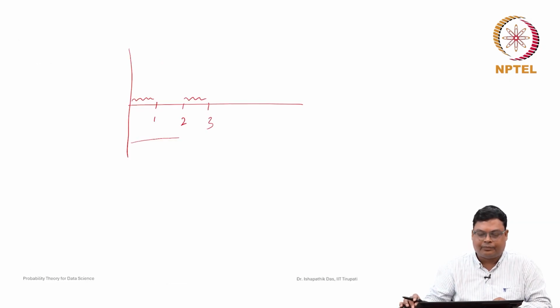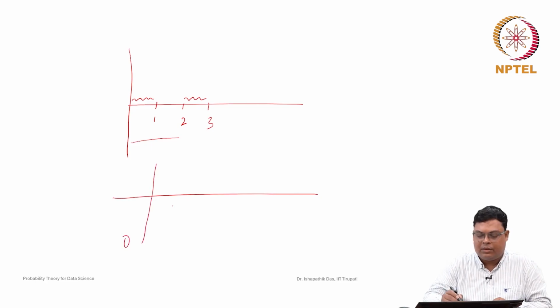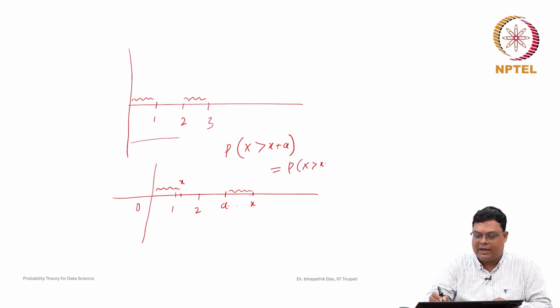So, suppose we take some real number, a. The probability that X is greater than x plus a, where x is any real number, is the same as the probability that X is greater than x.